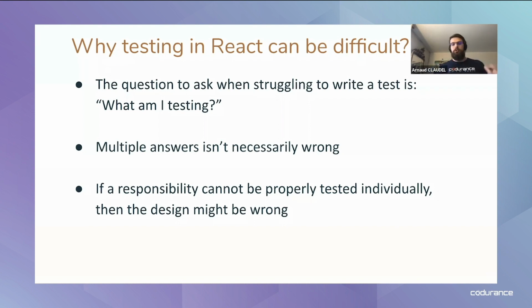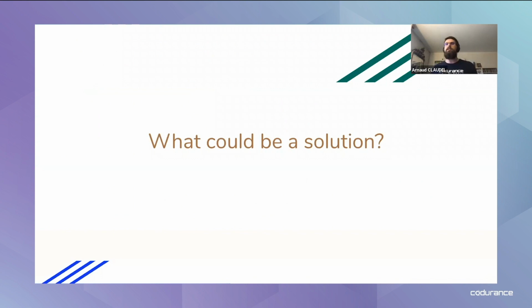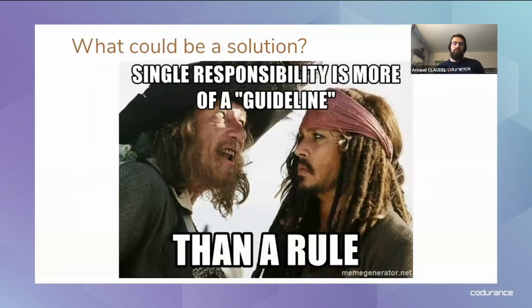So what could be a solution? There's a principle that is the single responsibility principle. Again, I don't want to say that it's a rule that one must follow all the time. Overextension of this rule might be more destructive than not having it.